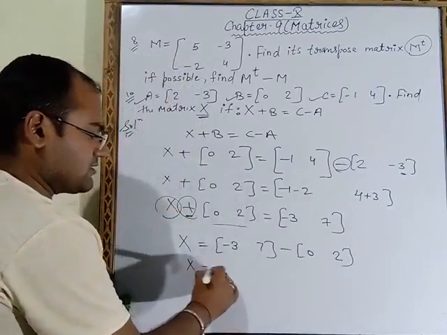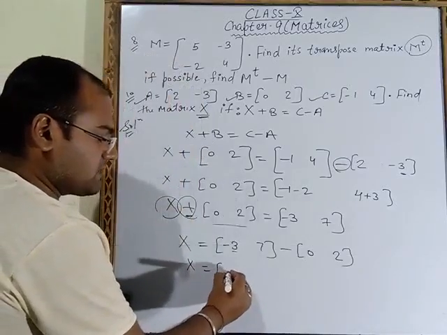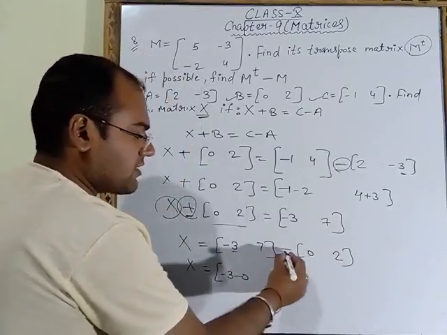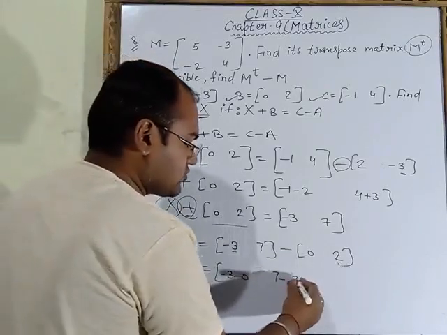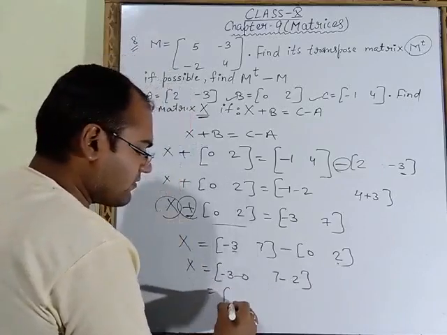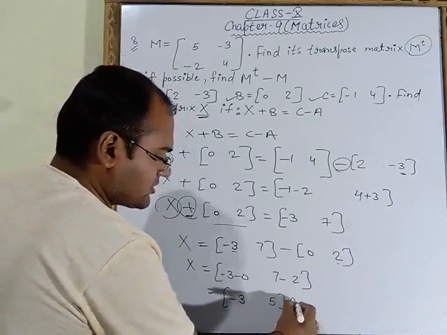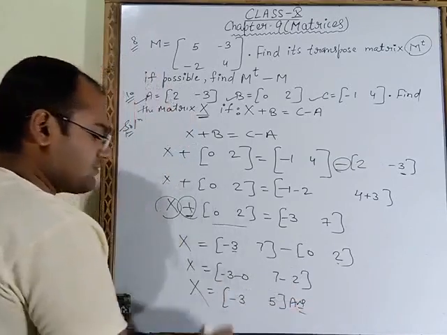Now X is equal to, first element, minus 3 minus 0. Second element, 7 minus 2. On solving we get minus 3, and 7 minus 2 will be 5. So this is your answer for the X matrix.